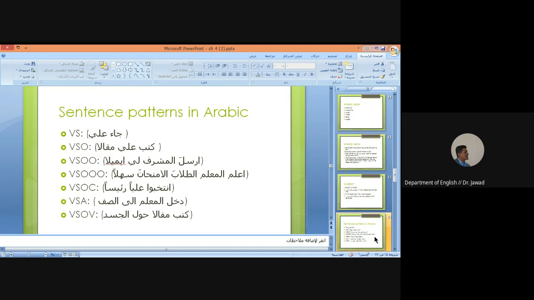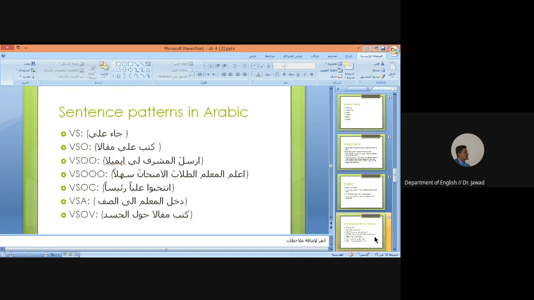Now, in your book, in this chapter, the author makes a list of the sentence patterns in Arabic. You have VS, VSO, two objects, VSOO, three objects, VSOOO, and VSOC.